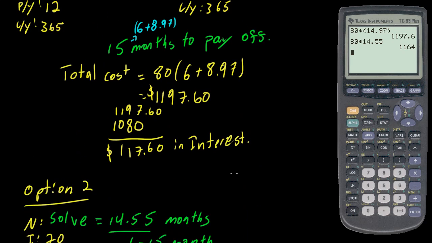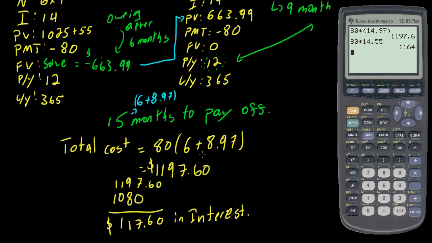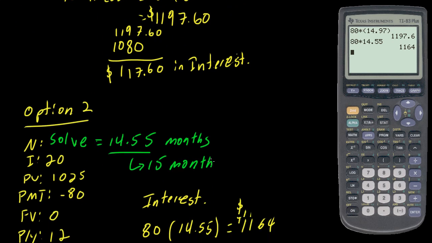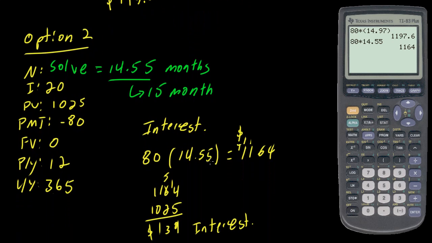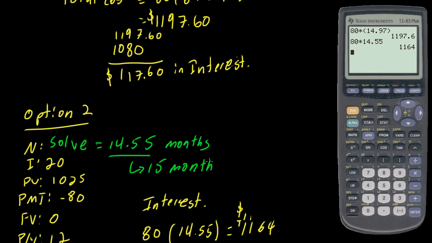So let's recap this. Option 1 took basically 14.97 months to pay off, but it's 15 months, so he had to make 15 payments. Over that course of time, he paid $117.60 in interest. His total cost was $1,197. If we go back down to option 2, it took a little less time, though not a crazy amount, still 15 months.